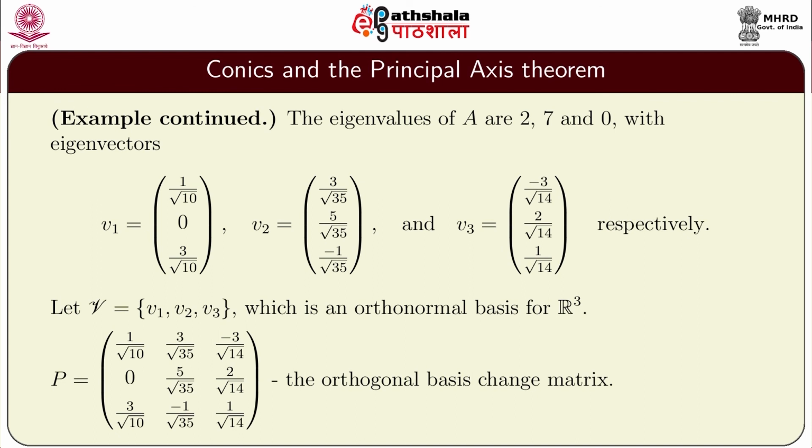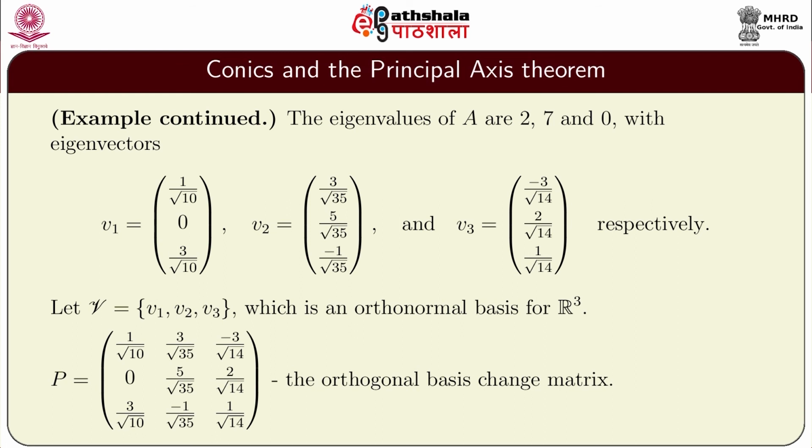Easy computation shows that the eigenvalues of A are 2, 7 and 0 with eigenvectors v1, v2, v3 such that v1 is given by the vector (1/√10, 0, 3/√10), v2 is (3/√35, 5/√35, -1/√35), and v3 is (-3/√14, 2/√14, 1/√14). And this is an orthonormal basis for R3.